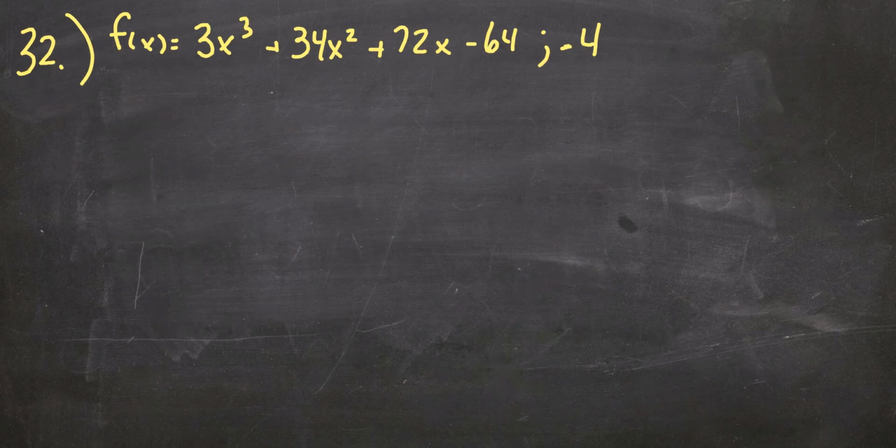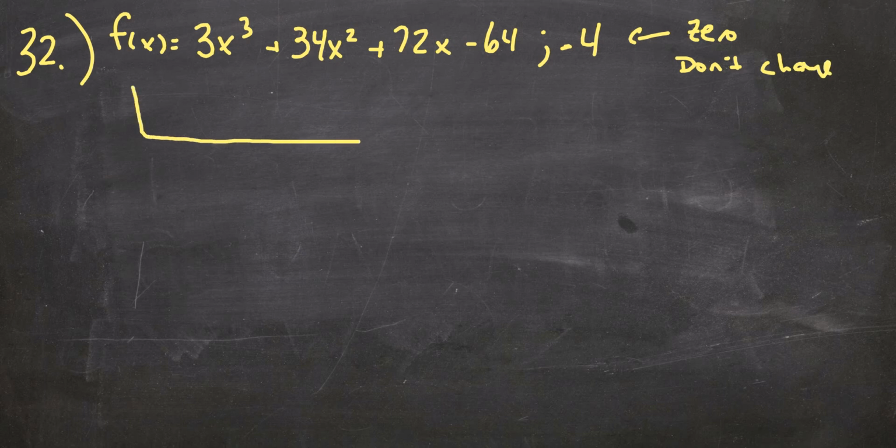Alright, so 32, we have 3x cubed plus 34x squared plus 72x minus 64 with negative 4 being a zero. Remember, if it's in zero form, we don't change. So make my box. I put 3, 34, 72, and negative 64 in. I put negative 4 on the outside.